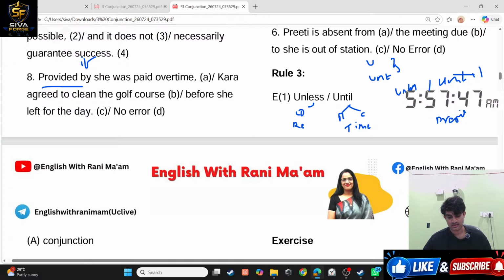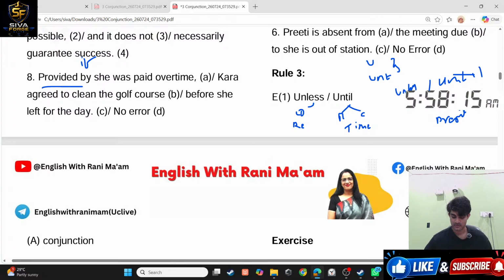Next one is until can act as a preposition and a conjunction. Okay, unless is if not. We should not use not in the same clause of unless and until. With until also don't use not. Okay, unless and until are used with a simple present tense clause only. Next is if: if we use if, we should use positive or negative sentences.